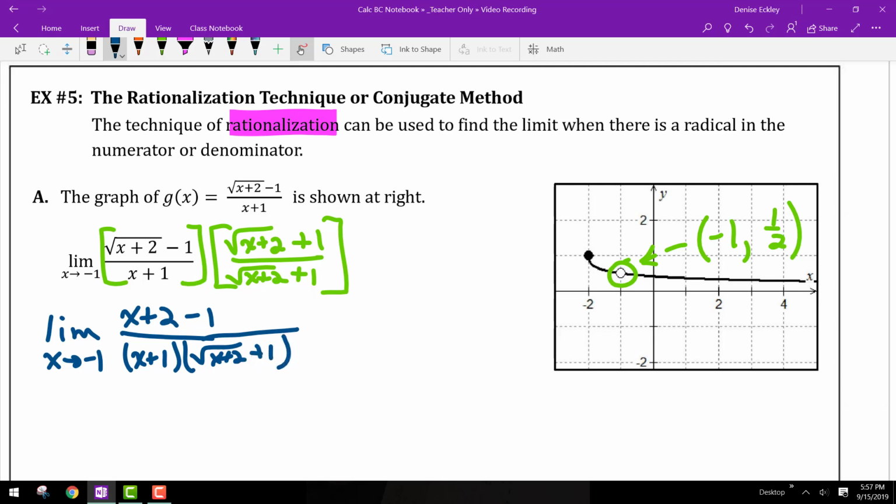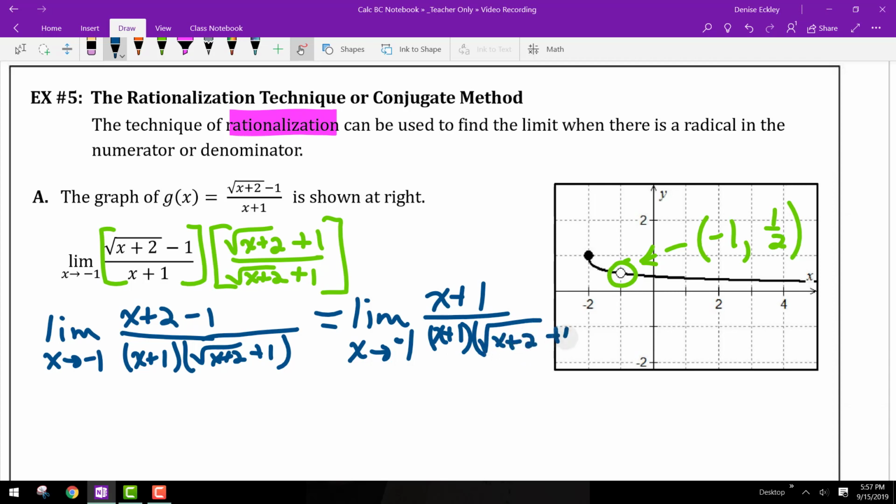Okay, simplifying, we get the limit as x approaches -1 of x plus 1 over x plus 1 times our conjugate. This is a very nice thing because the x plus 1's will cancel. So our limit simplifies to 1 over our conjugate.